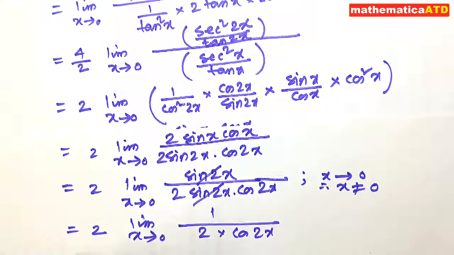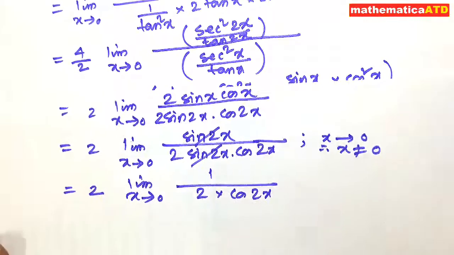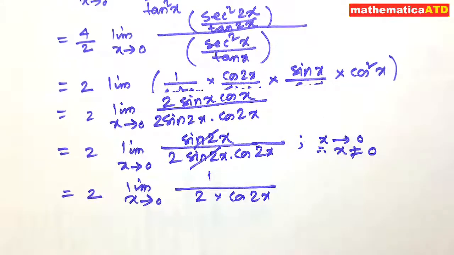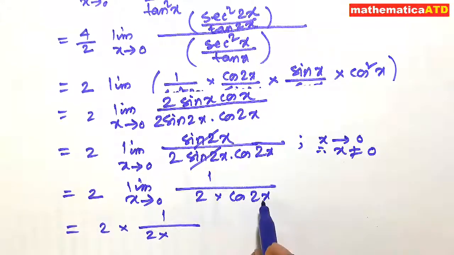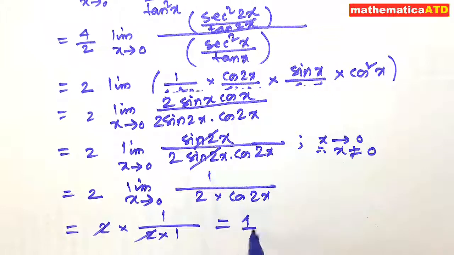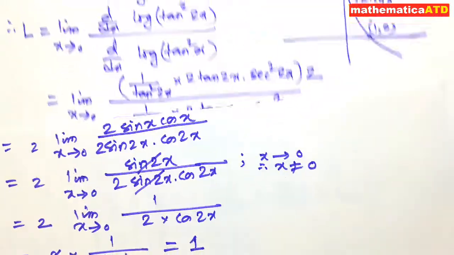Now apply the limit. The limiting value will be 2 into 1 by 2 cos 0 equals 1. So 2 is cancelled here. The result is 1.